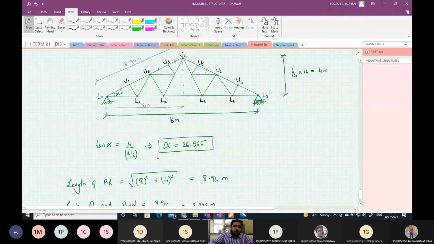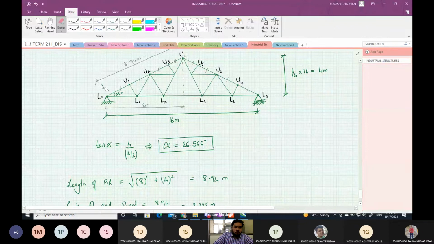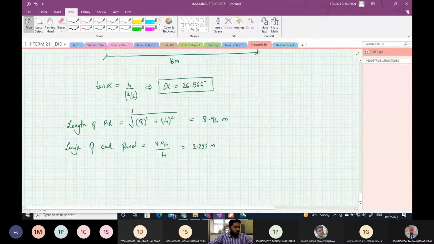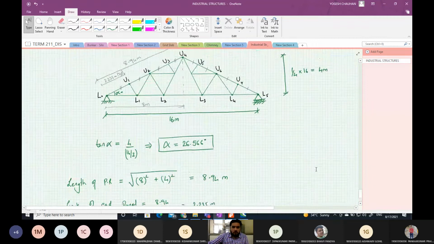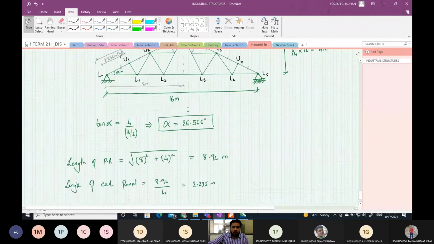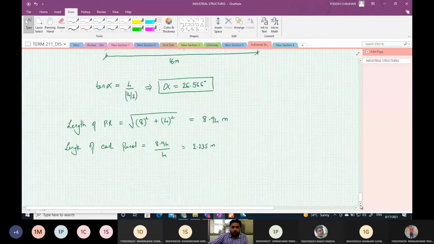So this length is 2.235 meter for all upper chord members. Okay. So with this, we have defined our truss configuration, that is truss geometry.